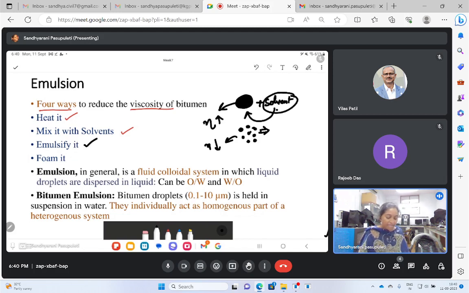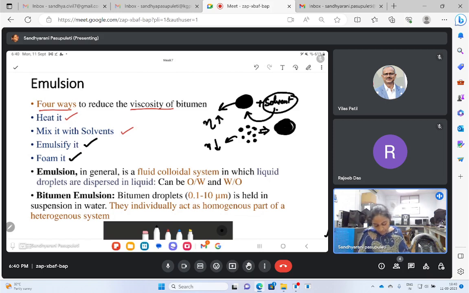So rather than adding solvents, I want to take this bitumen and put it into a mill, let us say a colloidal mill. So I apply a rapid shear rate. When we apply some shear rate, what happens? This entire bitumen will be broken into small pieces. That process is emulsification. We will discuss this in the upcoming slides. So emulsification is another process to reduce the viscosity of the bitumen.